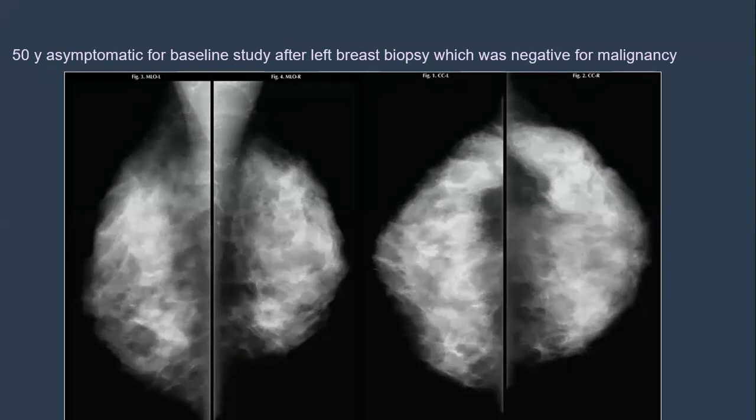Any volunteer? Can you see an abnormality? Very dense breast. Yes, extremely dense breast. We are talking about architectural distortion. Any subtle area of architectural distortion here?